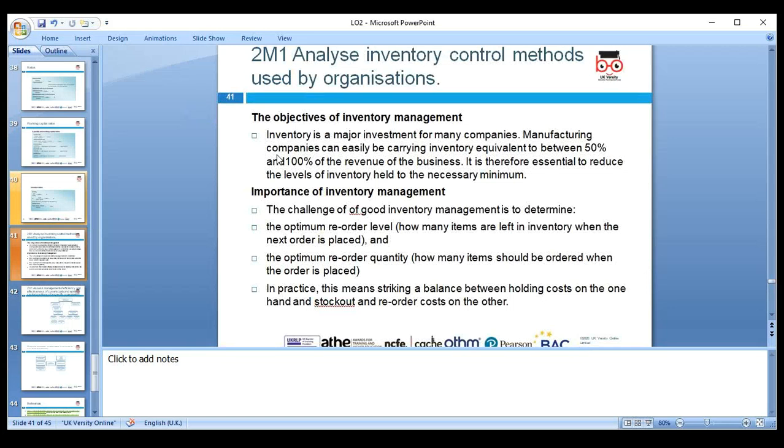Then 2.1, which is the merit criteria for analysis of inventory methods, using the objective of inventory management. Inventory is a major investment for many companies, and manufacturing companies can easily carry inventory equivalent to between 50 to 100% of revenue. It is therefore essential to reduce the level of inventory held to the necessary minimum.